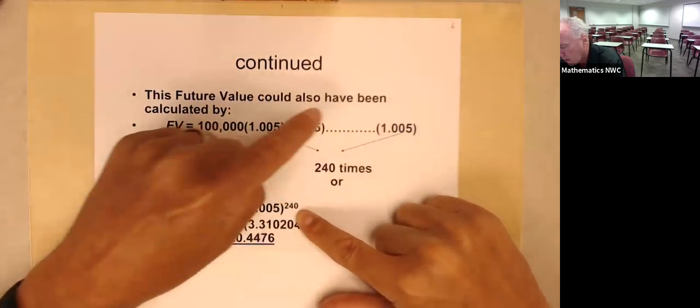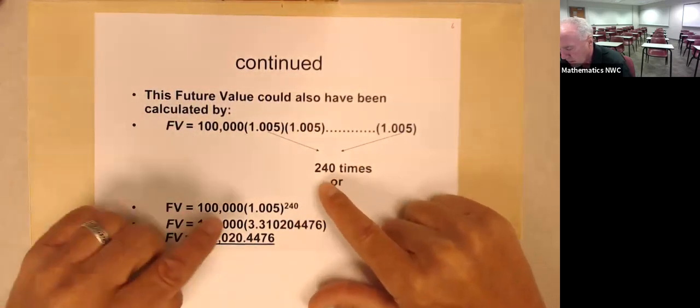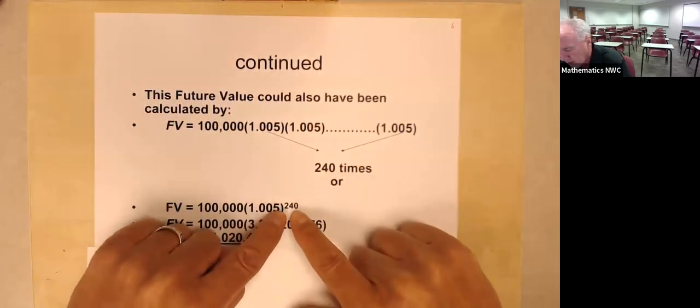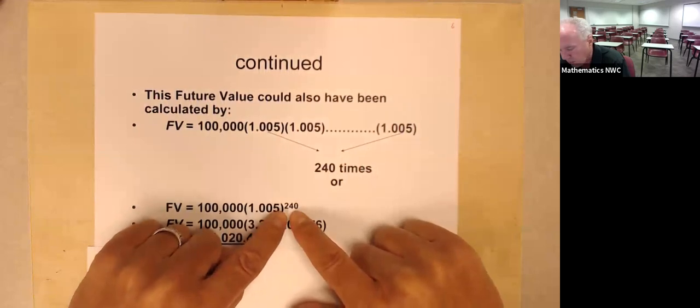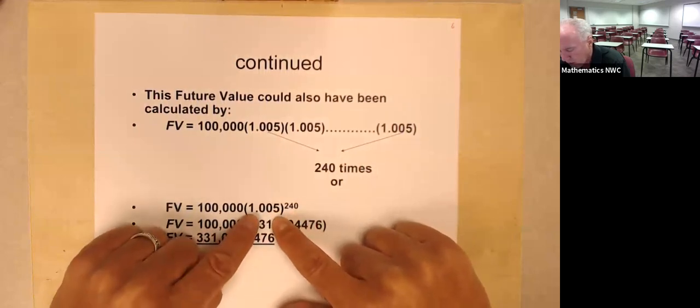These numbers would have been the same 240 times. So I just take that and raise it to the power 240. Thankfully, we have a calculator that can do that.